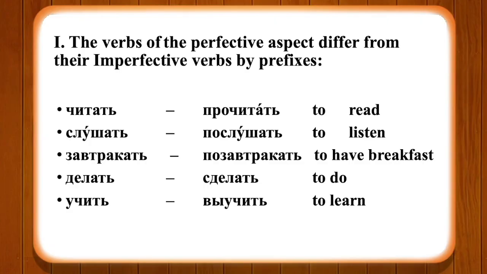First and foremost, the verbs of the perfective aspect differ from the imperfective verbs by prefixes. We had done the pair chitat, prochitat, slushat, poslushat, zavtrakat, pozavtrakat, делать, сделать, учить, выучить, and so on.